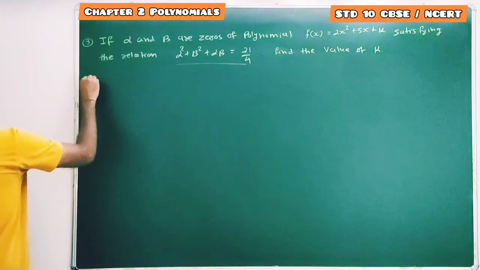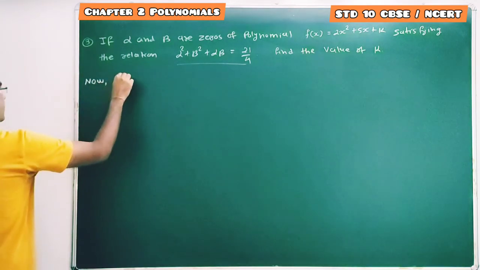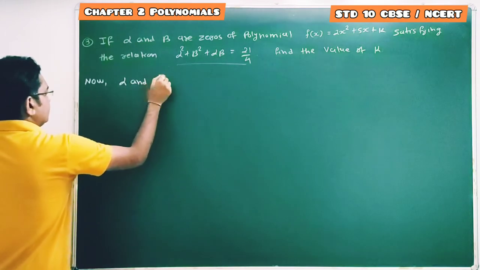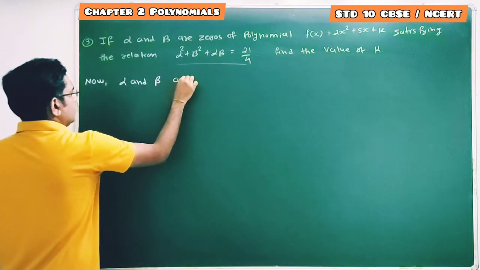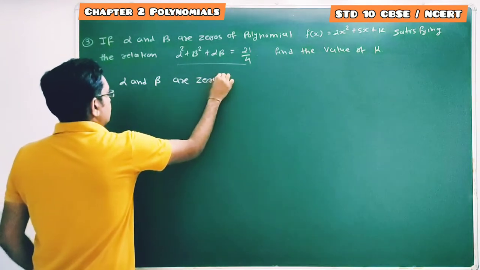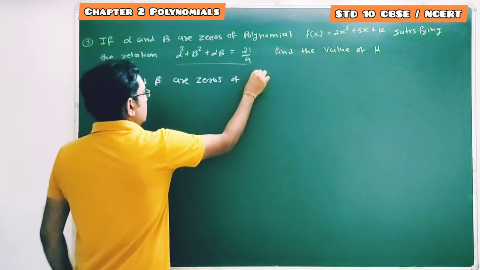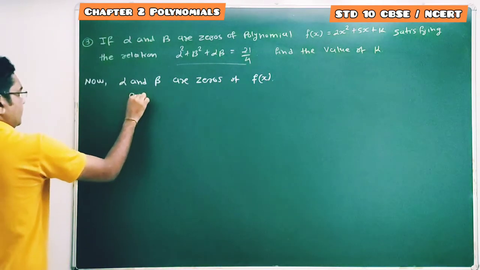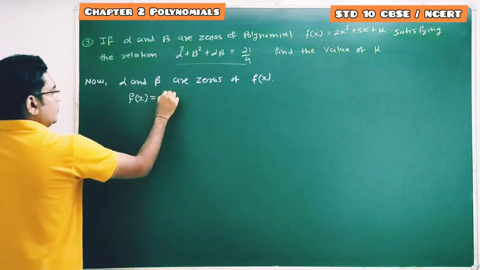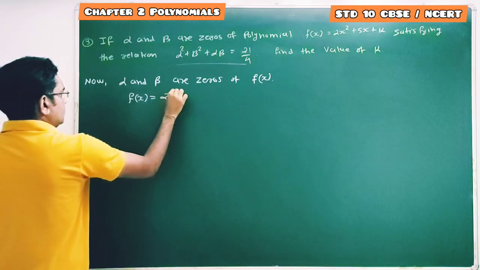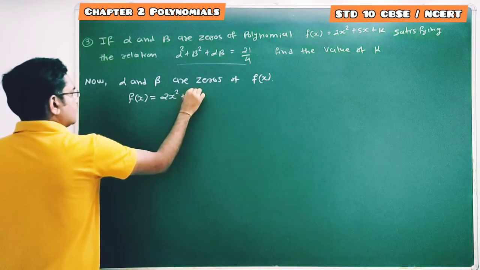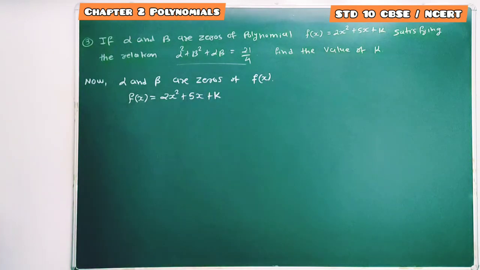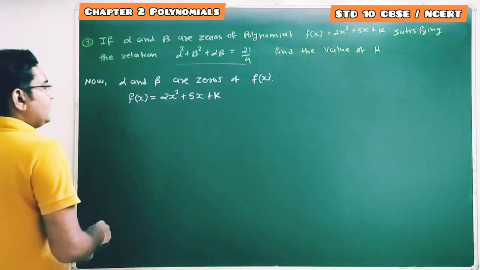So let's start with the given that alpha and beta are zeros of quadratic polynomial f of x. So given quadratic polynomial f of x is 2x square plus 5x plus k. This is given quadratic polynomial. So alpha and beta are the zeros.